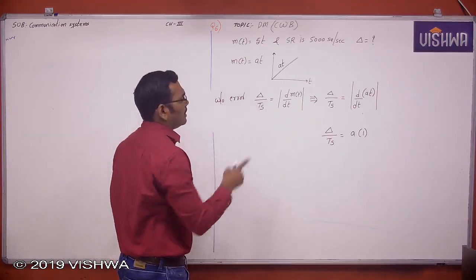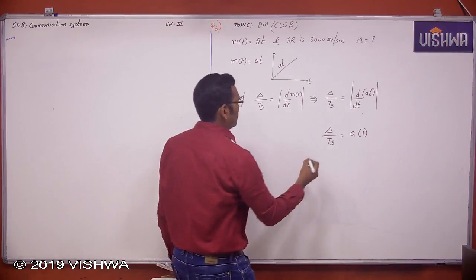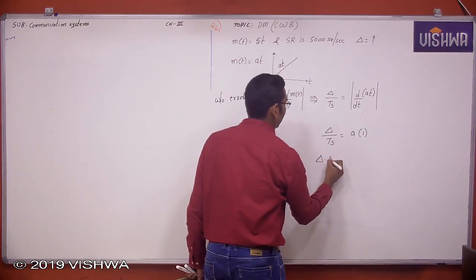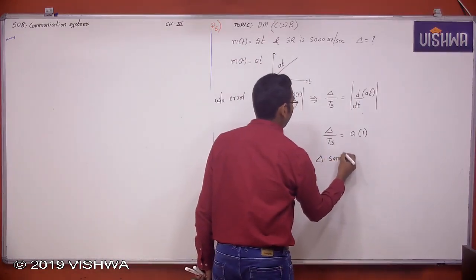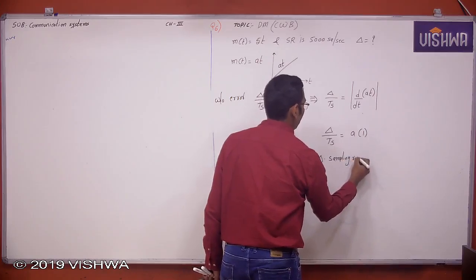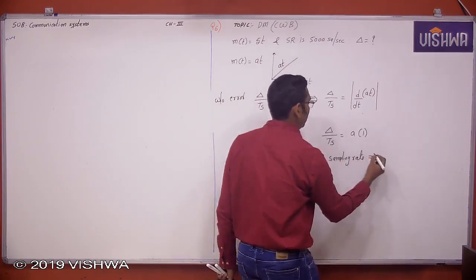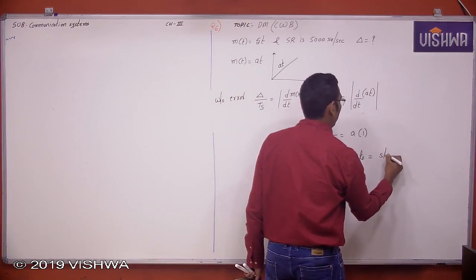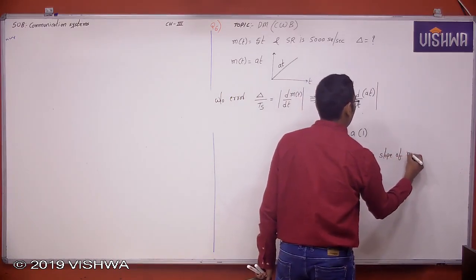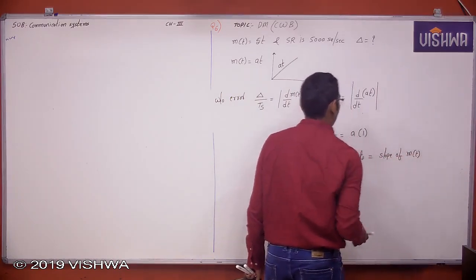So, what is he asking? The optimum step size. Delta into 1 by Ts, where 1 by Ts is the sampling rate, is equal to a, the slope of the message signal.